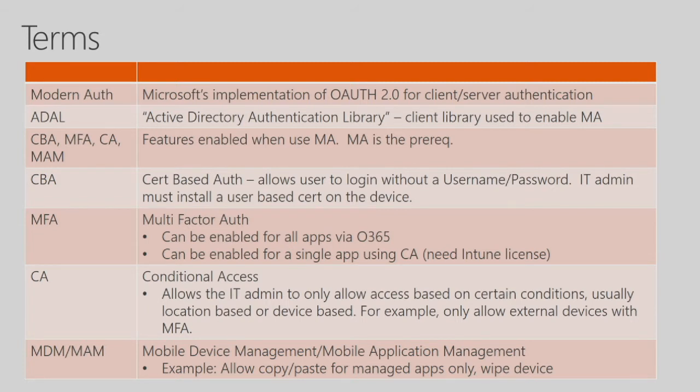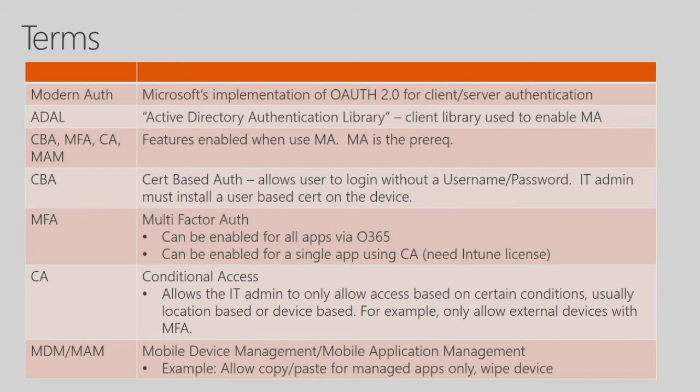The features that are enabled are cert-based authentication, multi-factor authentication, conditional access, and MAM, mobile application management. In order to use any of those features for Skype for Business, you have to have modern authentication on: a server that is capable and clients that are capable. I find a lot of confusion between those terms. They sometimes get used interchangeably, and it really matters what you're asking for.